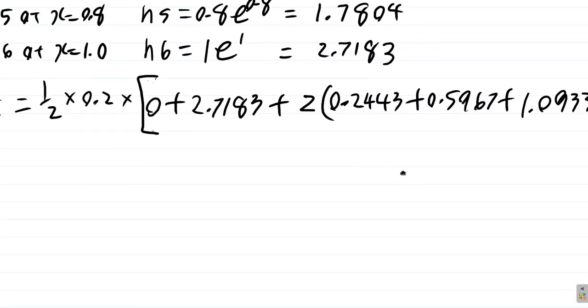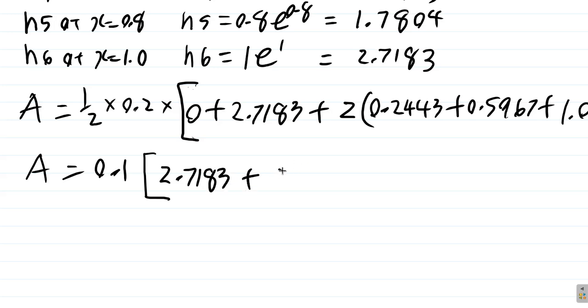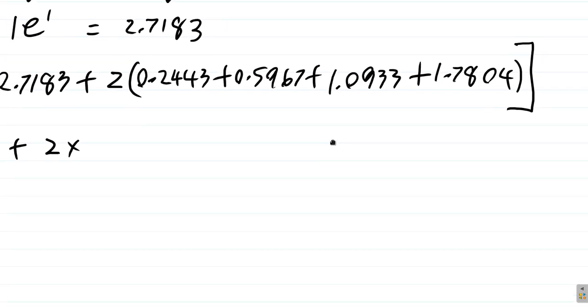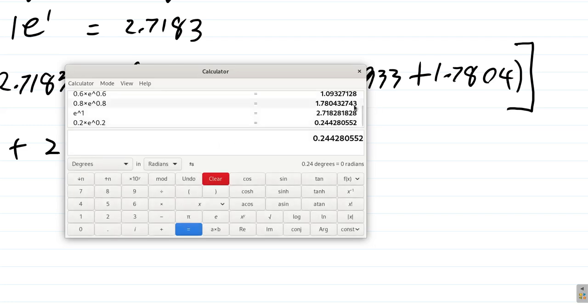All right. So the area is half of 0.2, which is 0.1 times 2.7183 plus 2 times. All right, we have all of these things to add up now. So let's get our calculator and add them up.